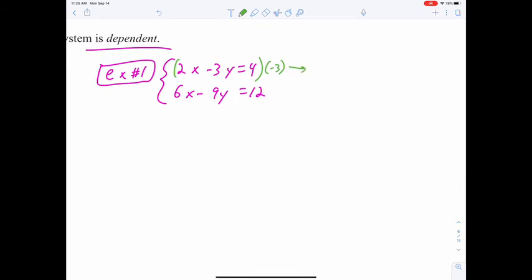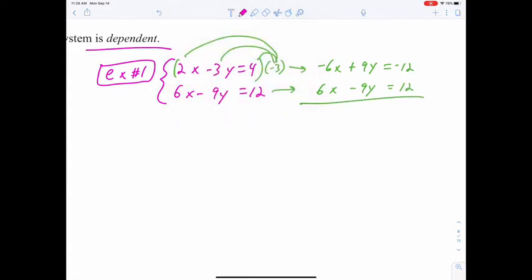So if we do that, we're multiplying every term by negative 3. We'll get negative 6x, positive 9y equals negative 12, right? Now we're going to copy this second equation over, and we'll notice something here in a second. 6x minus 9y equals positive 12.